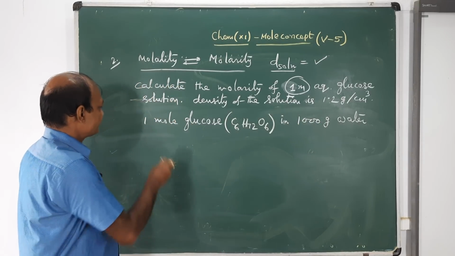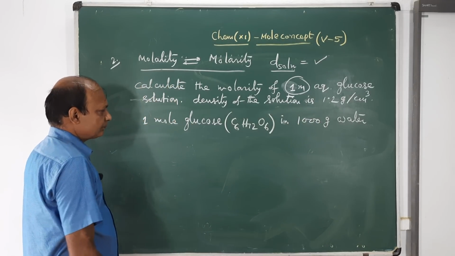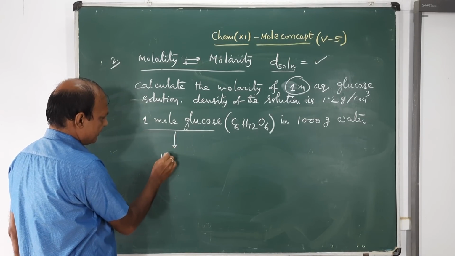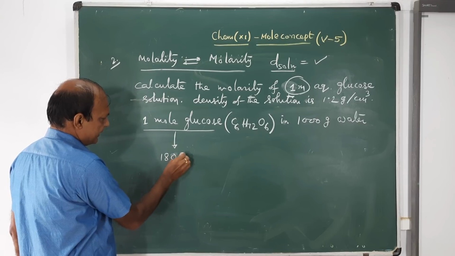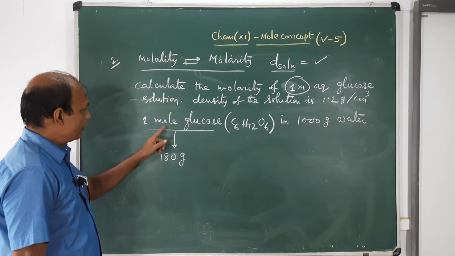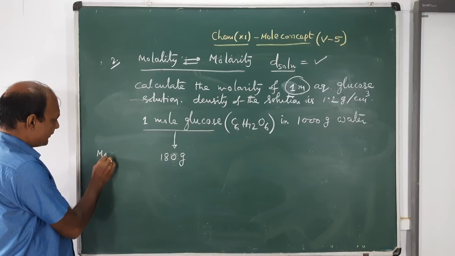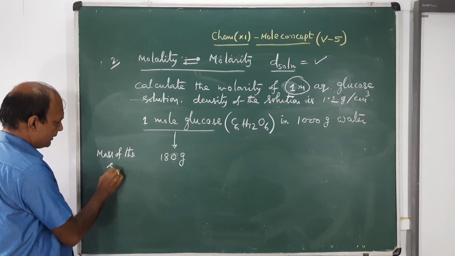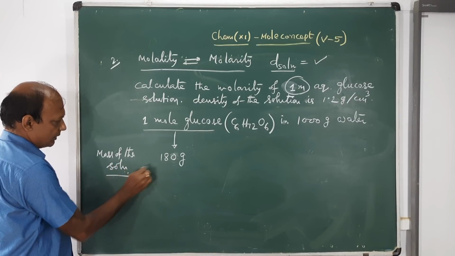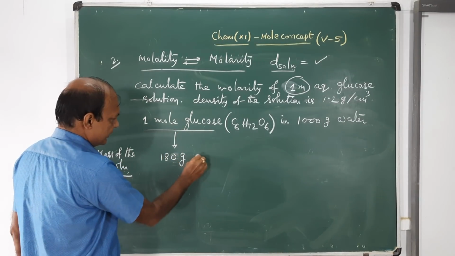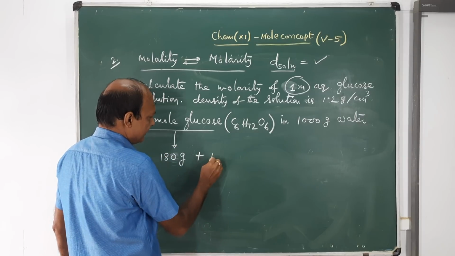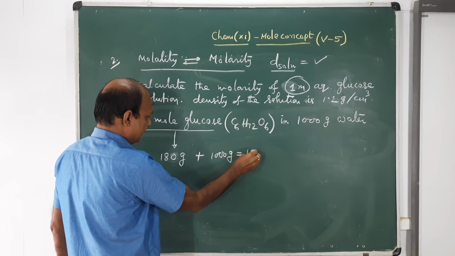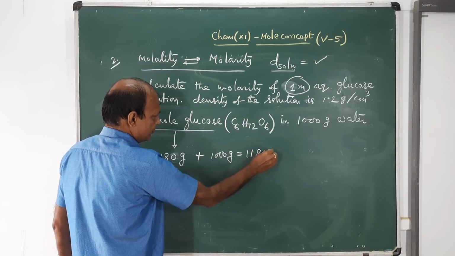Now see, from this statement, 1 mole of glucose has a mass of 180 gram. The mass of the solution you are finding equals the mass of solute plus the mass of solvent, 180 plus 1000 gram, which is equal to 1180 gram.